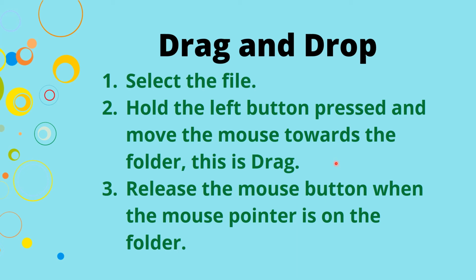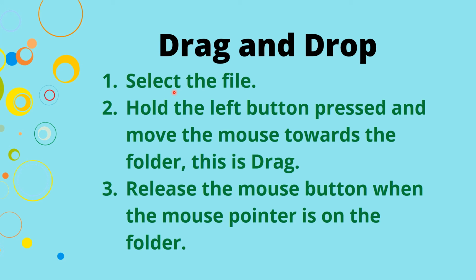Now drag and drop. Drag and drop means moving your file to somewhere else. Let us see how we can do it in the computer. In computer, moving a file from one place to another place, we call it drag and drop.